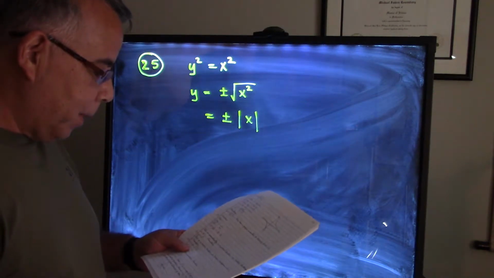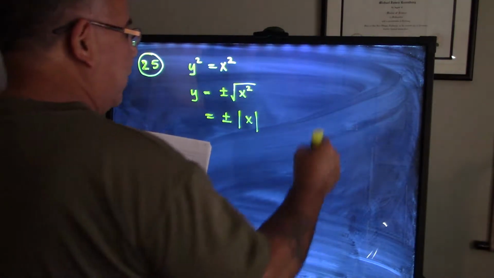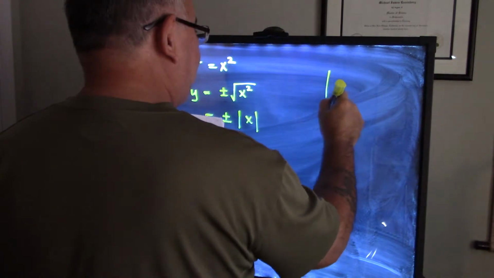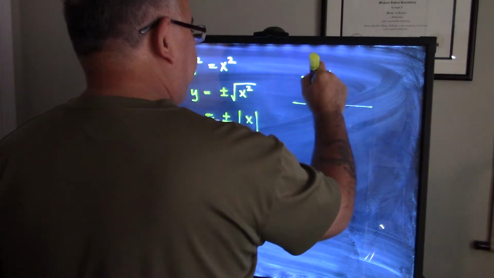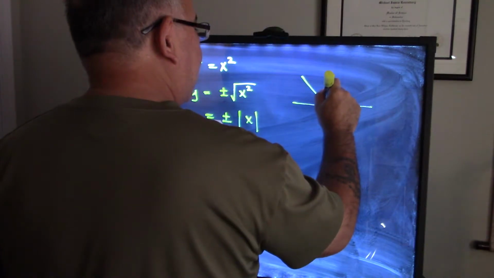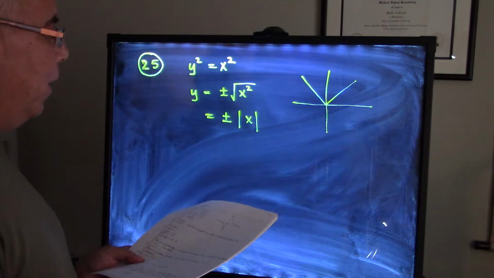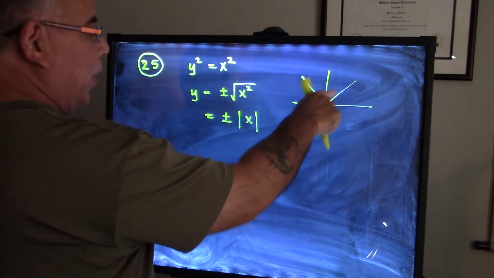All right. Now, what does this look like if you graph it? If you know what the absolute value of x looks like graphed, it looks like a V with the vertex at the origin. All right, that's the positive square root, or rather the positive absolute value.